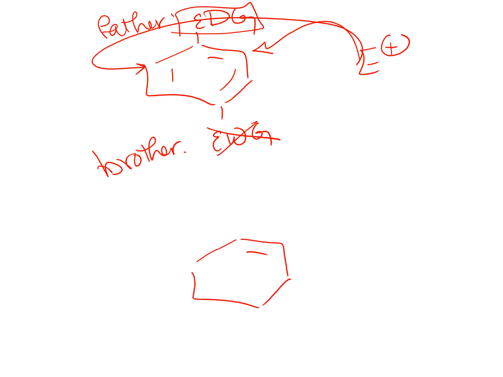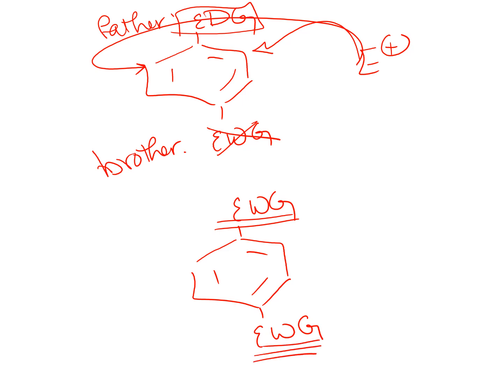Now, if both are electron withdrawing groups, I will try to avoid the positions where these put a positive charge. So I will try to avoid the meta position of this group. So I will avoid these, and I will avoid the meta position of these. So now I have all the ring blocked.